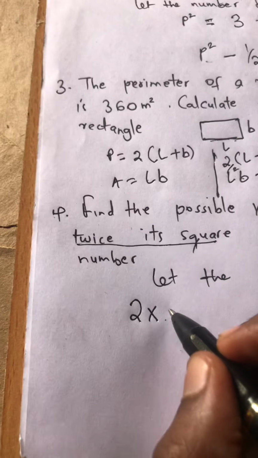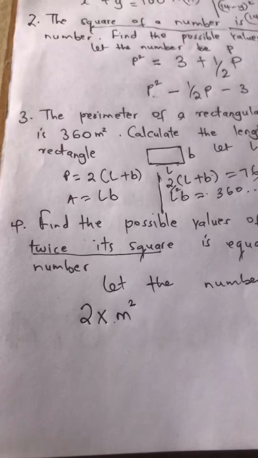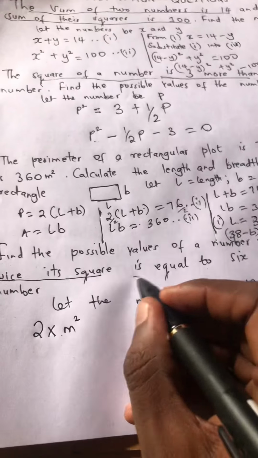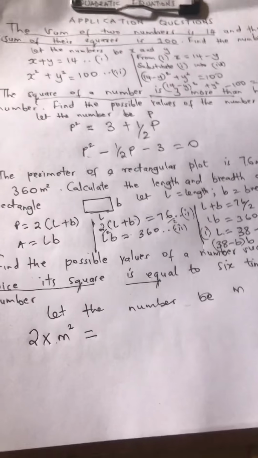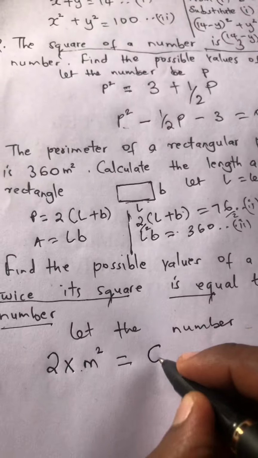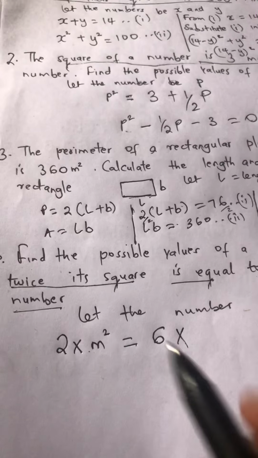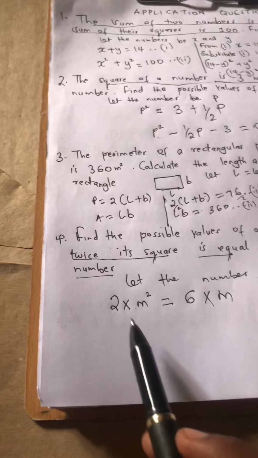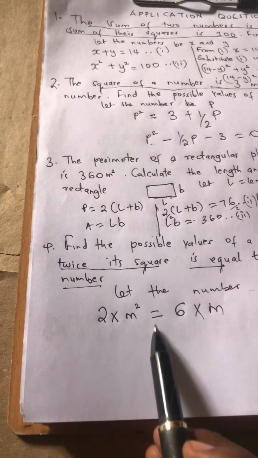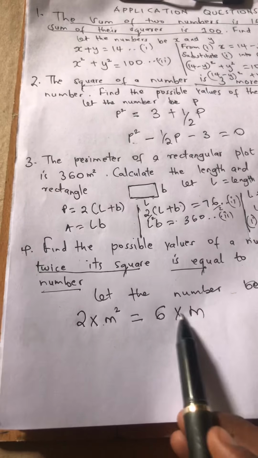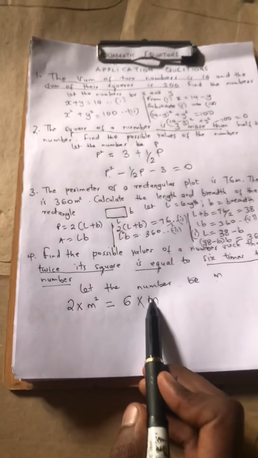So 2 times its square is equal to 6 times the number. The number was m. We let the number be m. So twice the square of the number is equal to 6 times the number, which is m.